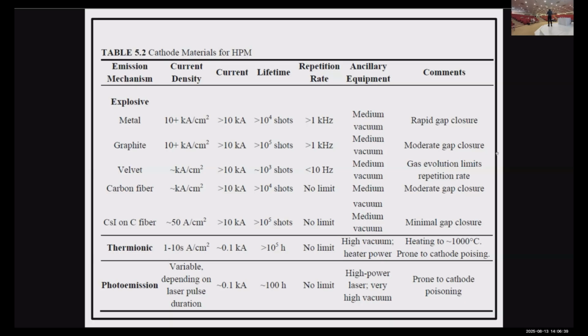If you have a microscope, you can take a look at graphite or any metal, and you're going to see small points, micro protrusions. A lot of current will go through them because you have a high field, and they explode and form a plasma.